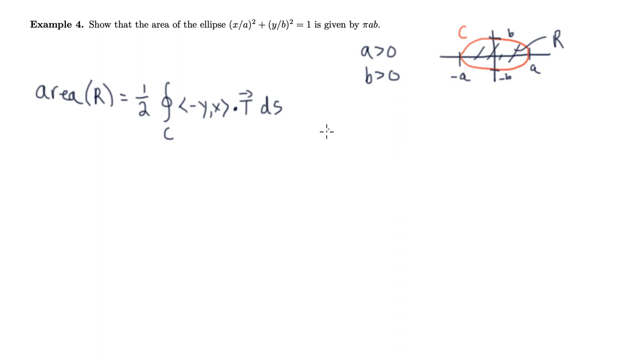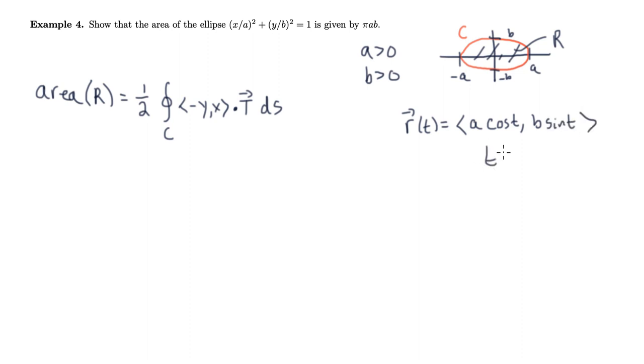But of course, I'm not done. I need to actually parameterize the curve. So recall that it's not so hard to parameterize an ellipse. It's very similar to the parameterization of a circle, but I just want to specify my x radius, if you will, so a cosine t, and then my y radius, b sine t.